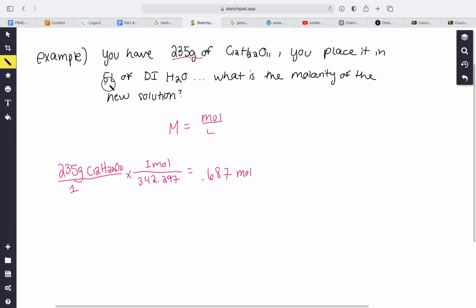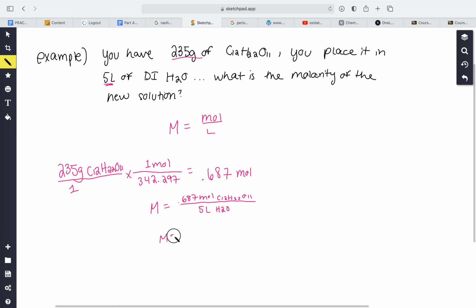Also, same here. When we do the rest of the calculations, we only have to do 1 sig fig because it's only given 1 sig fig, right? So now what we do is the molarity is equal to 0.687 moles of that C12H22O11, and then we have 5 liters of the water.